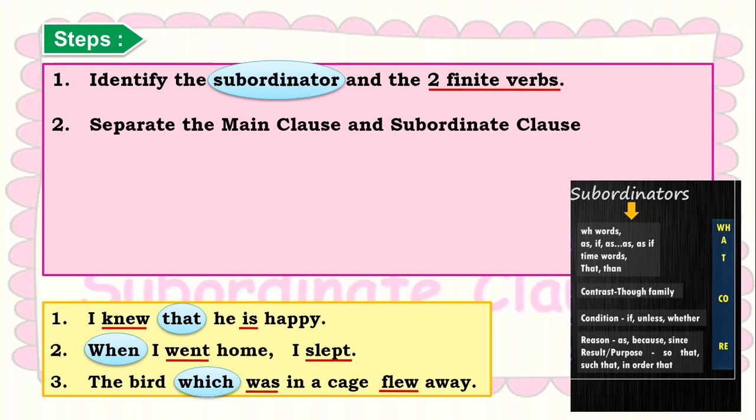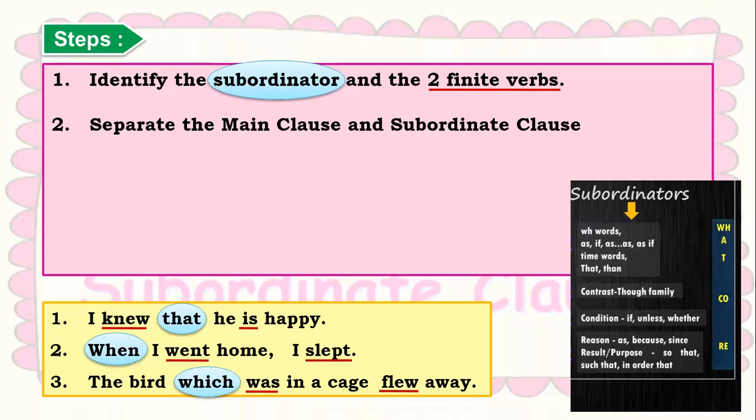The second step is to separate the main clause and the subordinate clause. Well, we have already experienced this. We are all experts now in all these things, right? Don't forget, once again, which is the easiest to find, main or subordinate? You guessed it right.